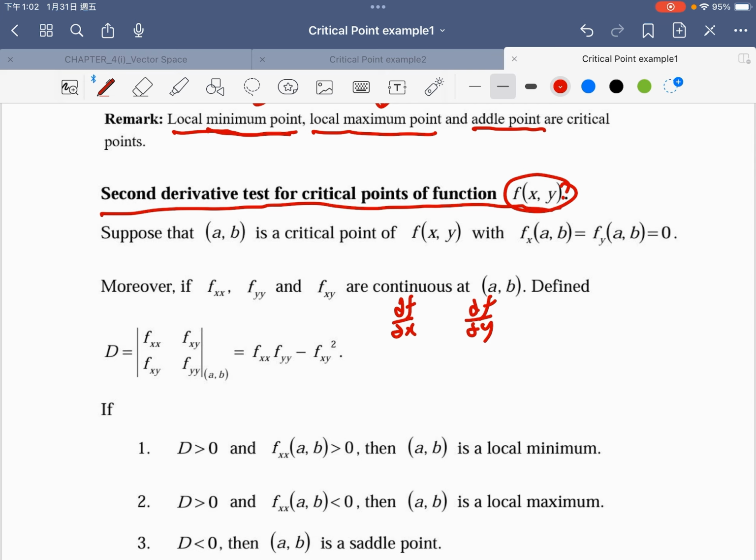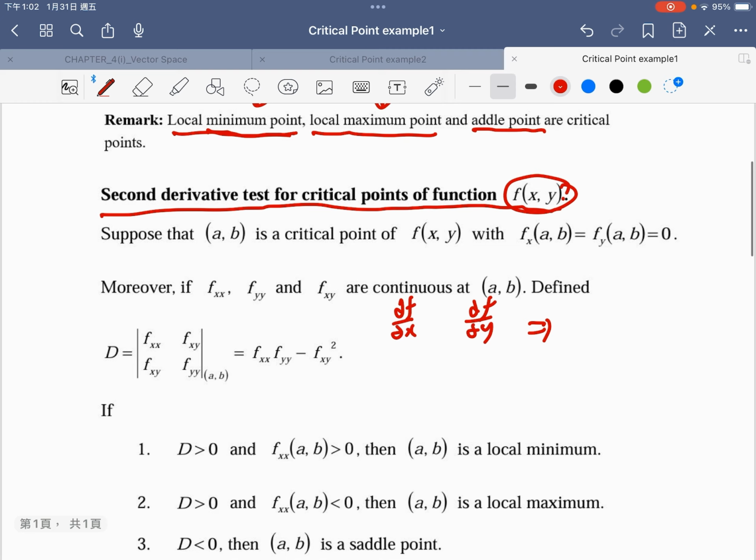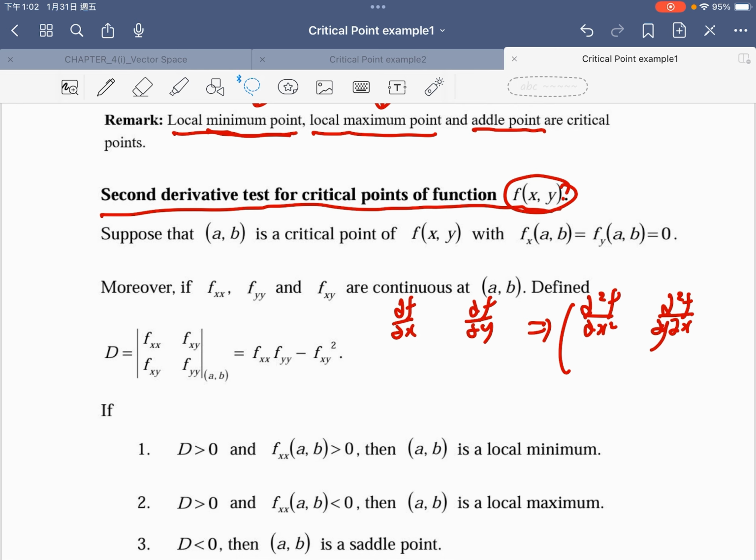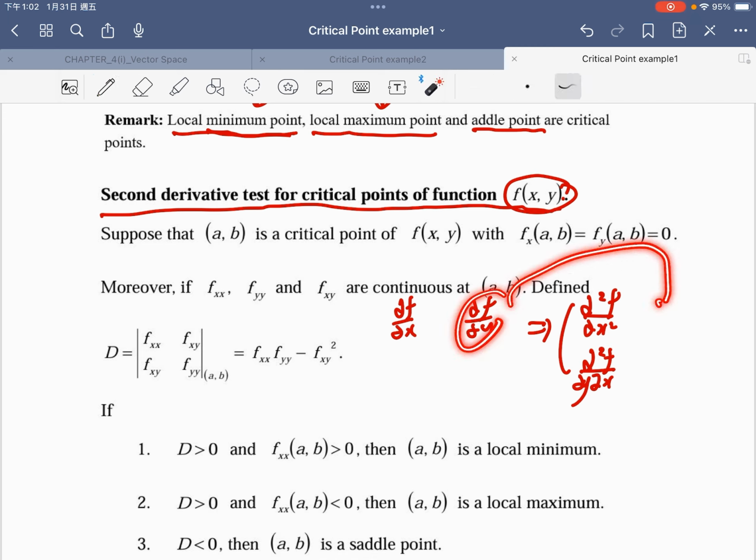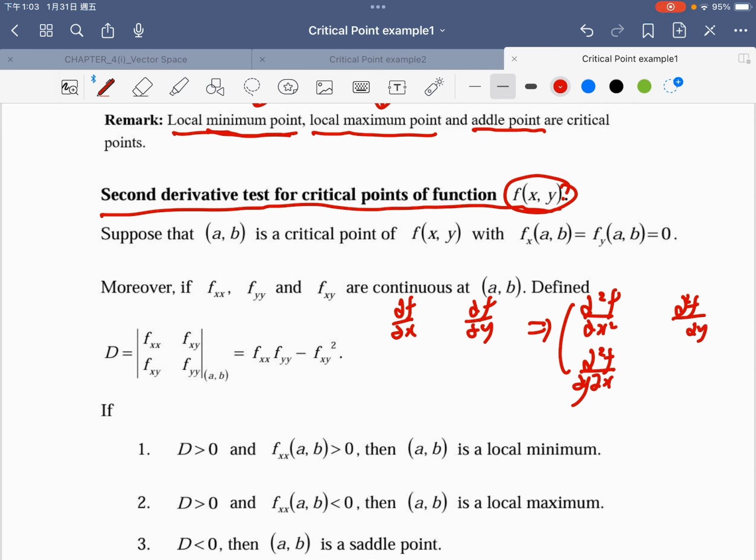If we further partially differentiate ∂f/∂x and ∂f/∂y, we have ∂²f/∂x², then ∂²f/∂x∂y, and differentiating about x we have ∂²f/∂y∂x. Finally, the partial derivative gives ∂²f/∂y².